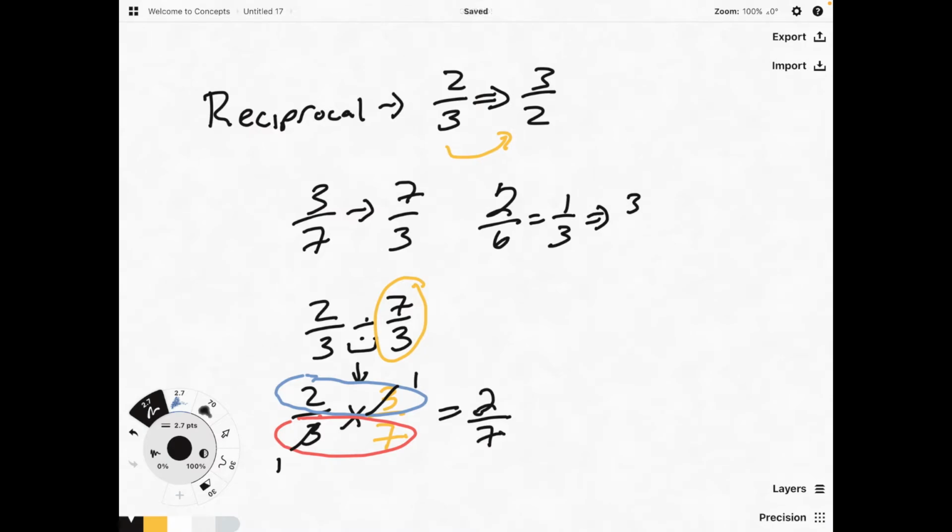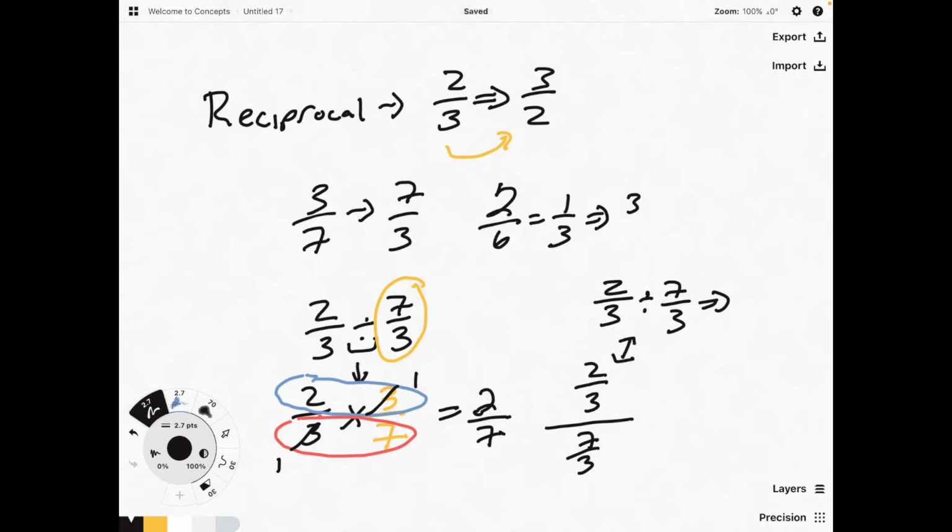Let's go through that one more time so we understand. If we have 2/3 divided by 7/3, and another way to write this is 2 thirds divided by 7 thirds, these are the exact same thing.